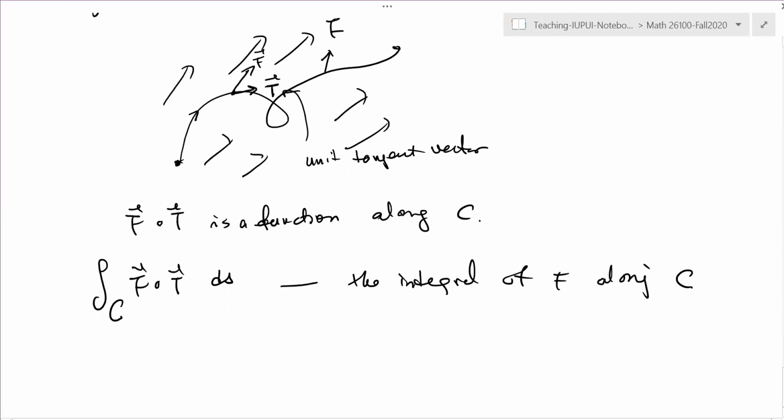So after you define the integral of a function on a curve, then you can define this one. This is actually a special one. Given a vector field, you get a function along the curve. That function is defined as the inner product of the vector with the unit tangent vector.